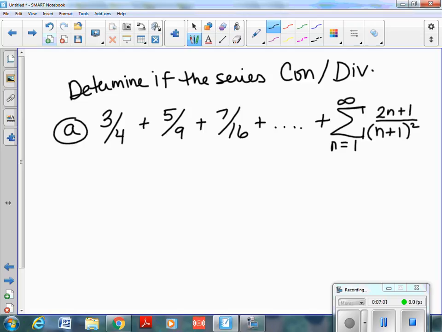So, I'm going to compare this to a simpler series. I'm going to take a more basic equation to compare this. And this is where they got the basic equation, in your book under the comparison test in 10.5, sorry.